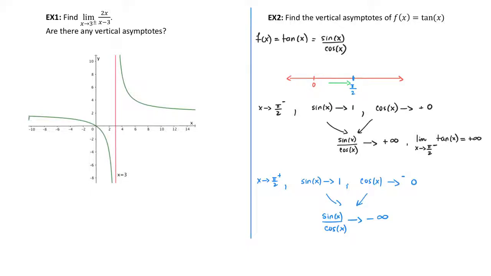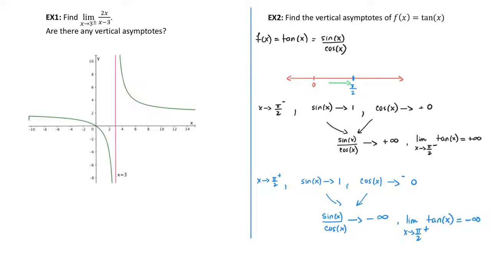And because the denominator is approaching 0 in a negative way, that turns out to be negative infinity. That implies that the right-hand limit as x approaches pi over 2 from the right of tangent of x is equal to negative infinity.